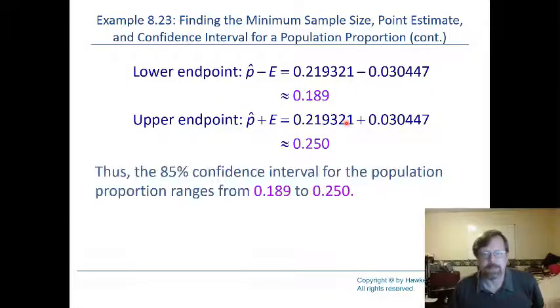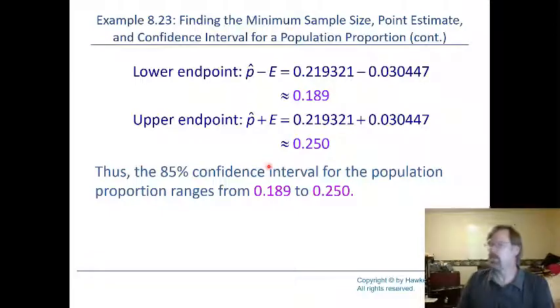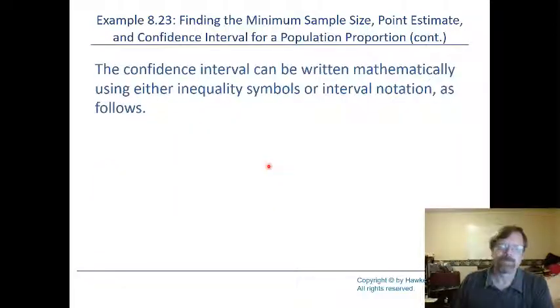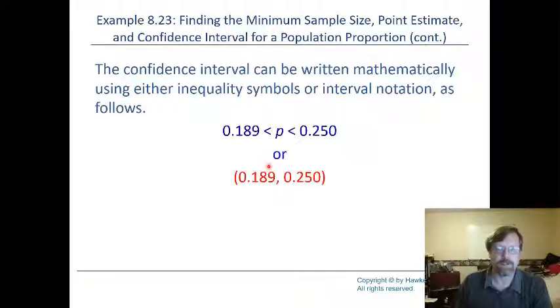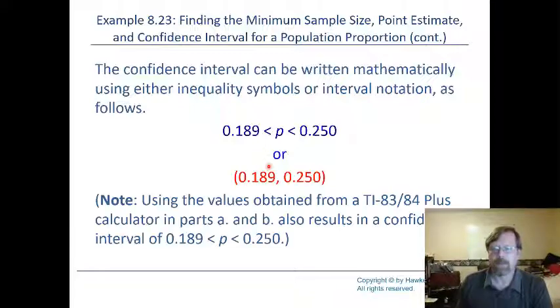So we'd be 85% confident that the actual population proportion is likely to be in that range. And again, we can write that either as an inequality or with interval notation as such. And using the calculator, we get the same values. Okay, and that is it.